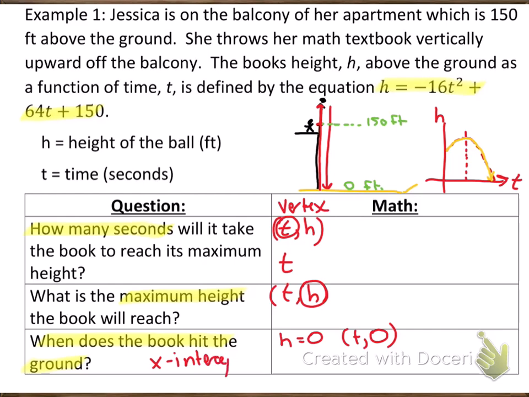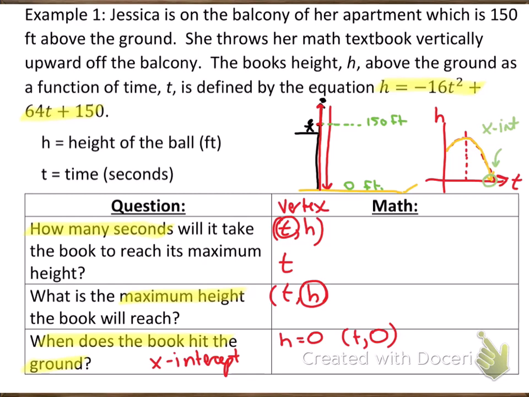Right? Look at that point. Isn't that just asking me to find the x-intercept? If I look at it on the graph, right, where it hits the ground, that's right here. Isn't that an x-intercept? Right? And we already know how to find an x-intercept. We just set y equal to 0, or in this case, h equal to 0, and solve for t. So once you break it down like that, it's really not that scary.